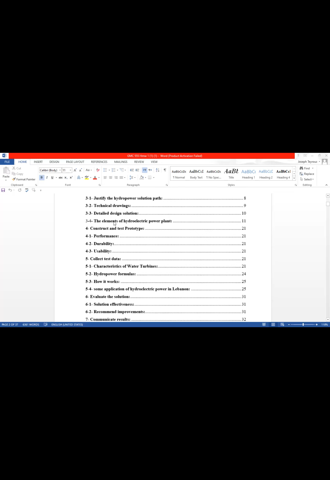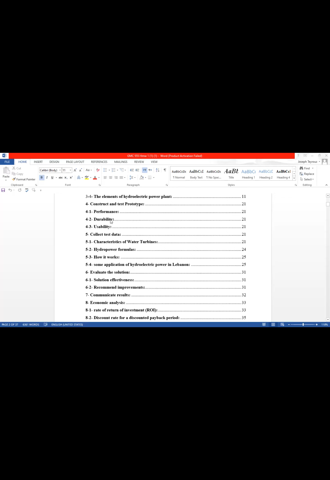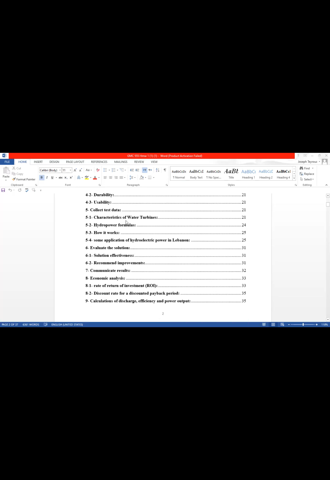Then what are the elements of the hydroelectric power plant? How to construct it and test its performance, durability, and usability. Then we can collect test data. Then we're going to see the characteristics of the water turbine in the hydropower system, what its formulas are, how it works, and some applications of it in Lebanon.